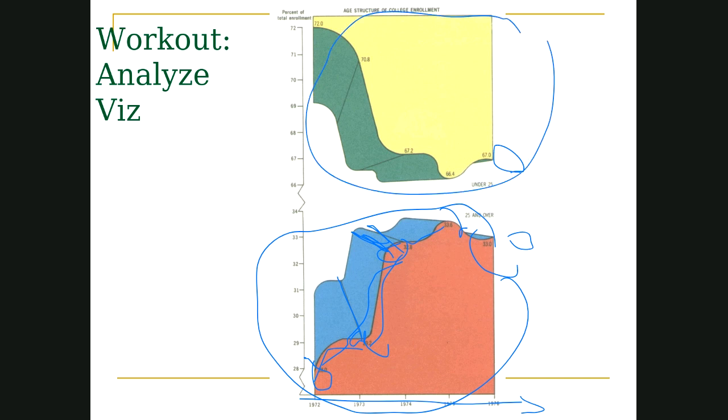So that's the marks. They have colors. The top one is red, and the bottom one is red and blue. Top one is green and yellow. And that's pretty much it. And they have a position or a shape if you consider it being one big line object.